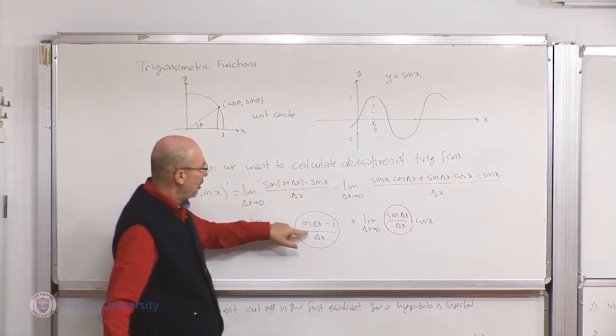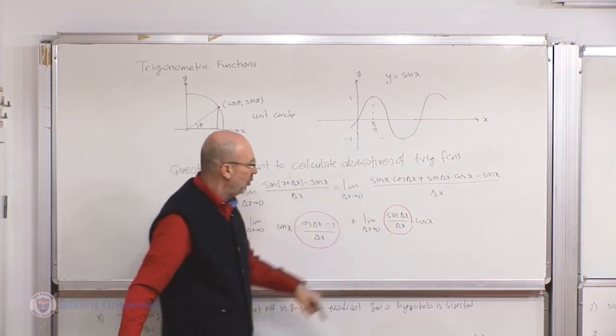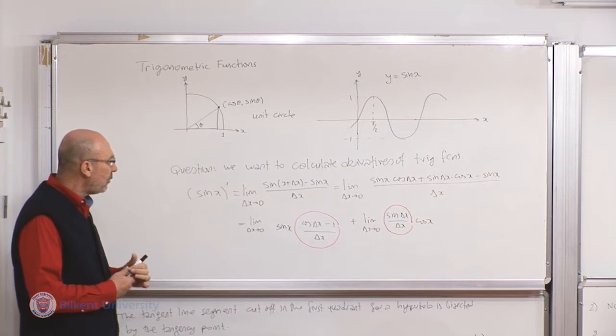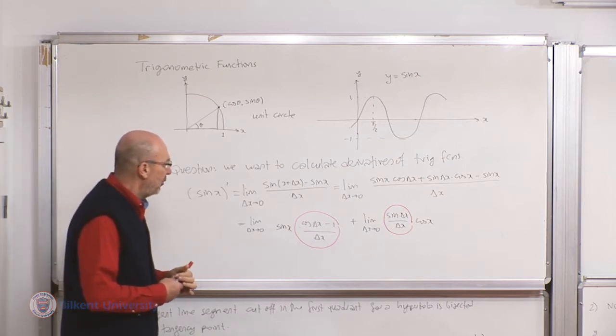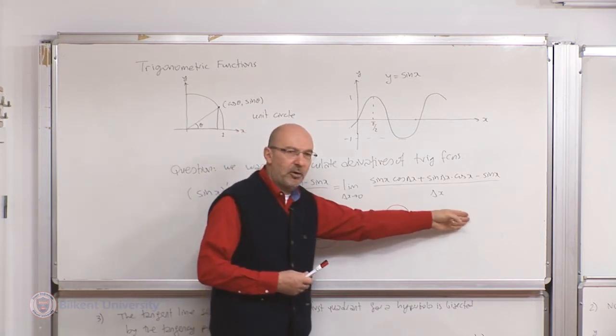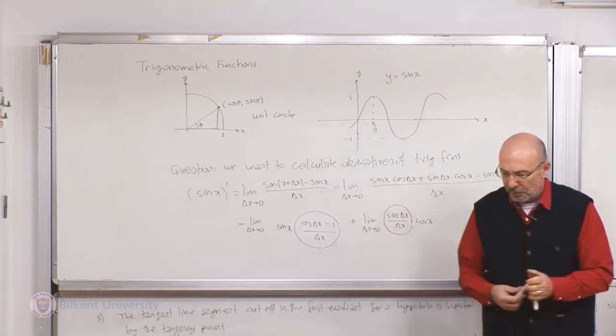This is 0 over 0 because cosine delta x is 1 when delta x is 0, minus 1 gives 0. And this is also 0 over 0. So I need to understand these two limits. If these are numbers, the limit will be a combination of these things. So we need to understand these limits.